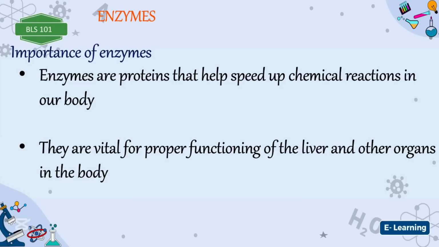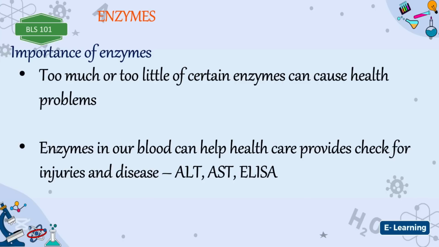Now, importance of enzymes. Of course, you know enzymes, they speed up chemical reactions in our body. They are vital for proper functioning of the liver and other organs in the body. Too much or too little of certain enzyme can cause health problem. Enzymes in our blood can help health care providers check for injuries and disease. For instance, ALT, AST, ELISA for HIV, then ALT, alanine transaminase, and aspartate transaminase.